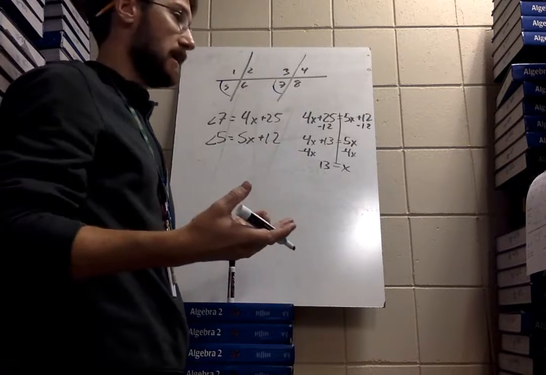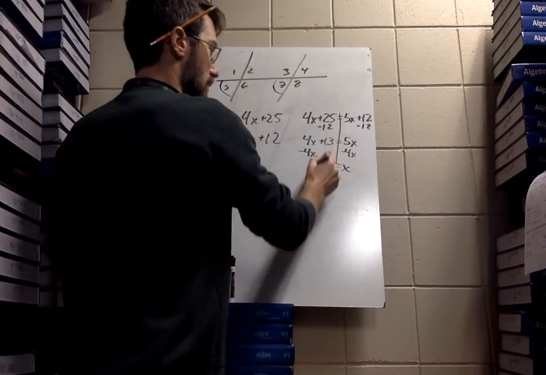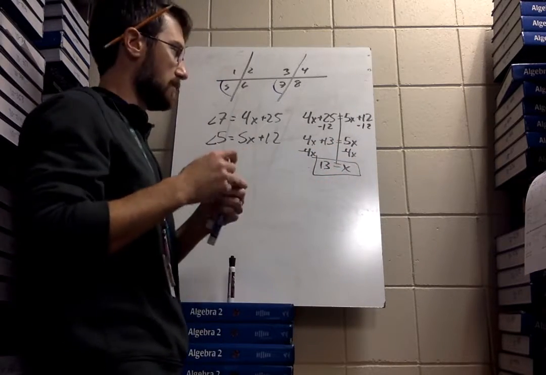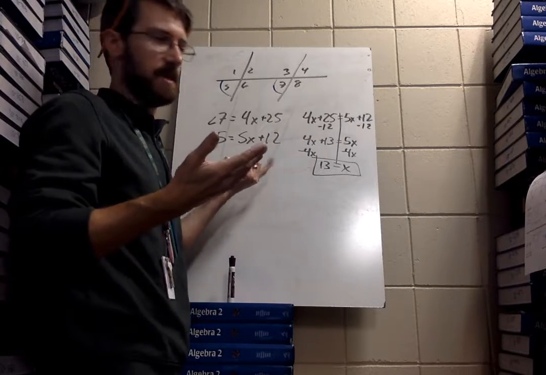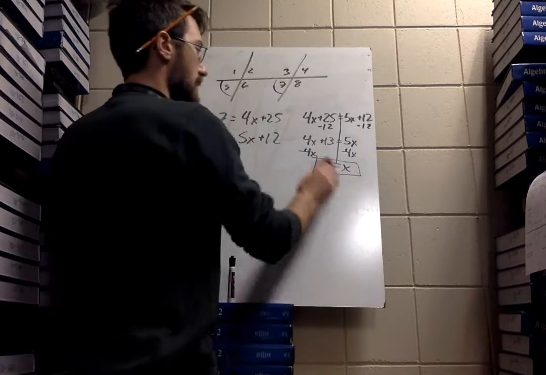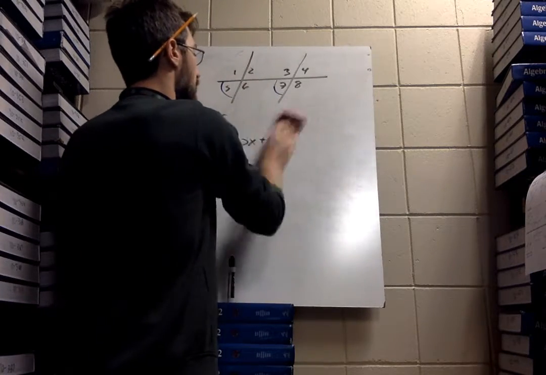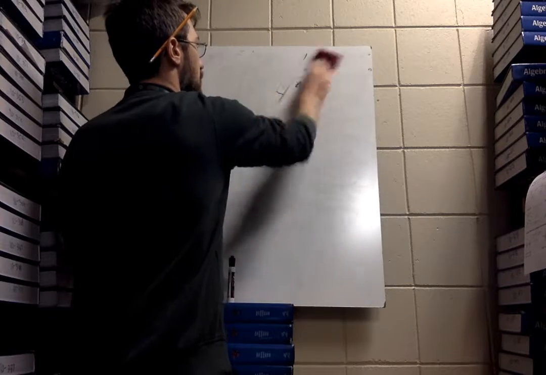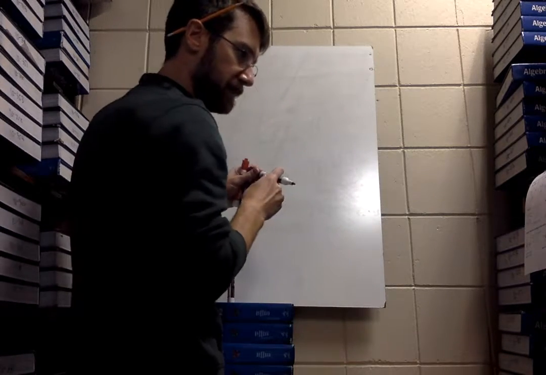We don't have to plug it back in because it's just asking us to solve for x. So boom, 13 equals x, x equals 13. I could plug it back in and make sure that it works, as a check for myself, maybe on the test. I've got a key that I'm looking at that I know is correct. So I don't really have to.